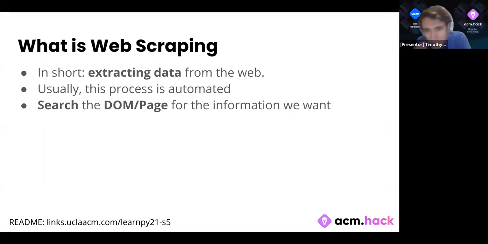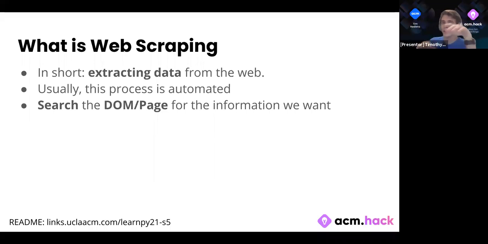Okay, so what is web scraping? What are we doing when we say web scraping? In short, we're trying to extract some data from the web, usually from web pages. Usually this process is automated, otherwise it wouldn't be all that useful. The process is you search the DOM or the page for the information we want.